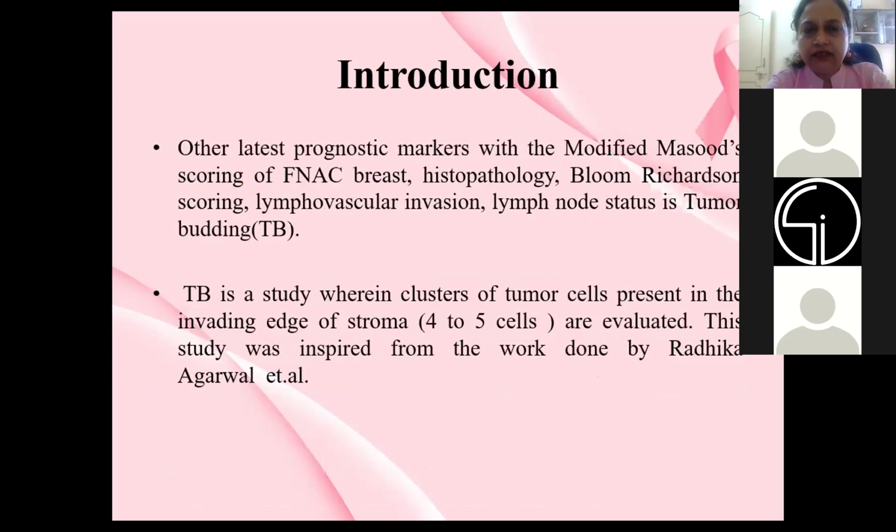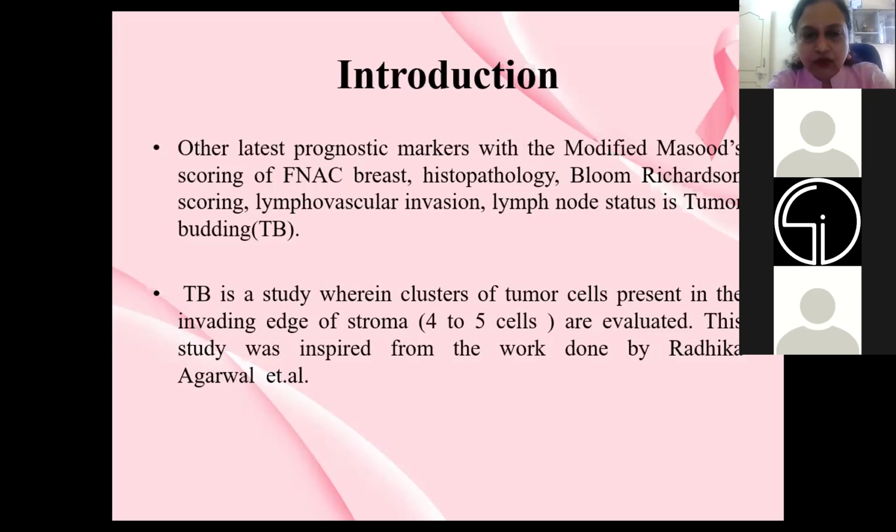The other latest prognostic markers, besides the modified scoring which we use for FNAC breast for diagnosis, in histopathology or tissue study use a scoring method called the Bloom-Richardson scoring method, along with the lymphovascular invasion of the tumor and the lymph node status, that is the involvement of the tumor. Along with this, there is a concept which has come in pathology, that is tumor budding.